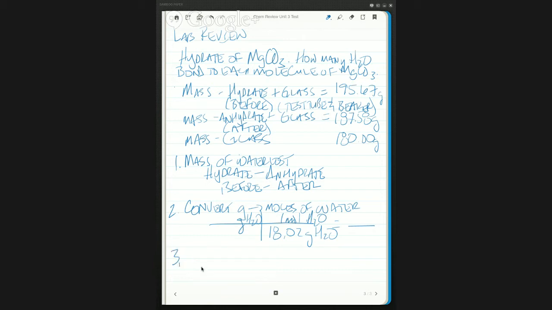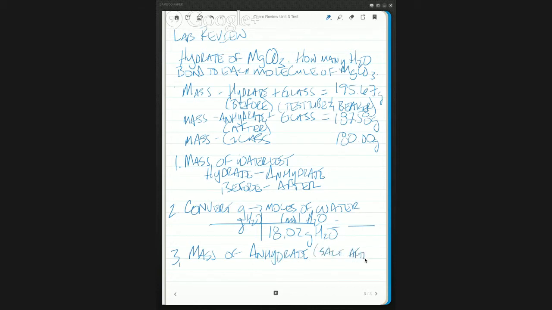Your third step is calculating the mass of the anhydrate. You're just calculating the mass of the salt after heating.